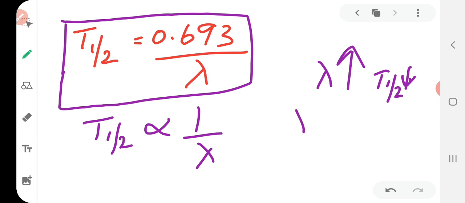And if lambda is less, T half will be large. That is, a radioactive element with less decay constant disintegrates taking a large time. So the expression for half-life period is 0.693 by lambda, and it depends only on the decay constant, which is a characteristic of the particular material.